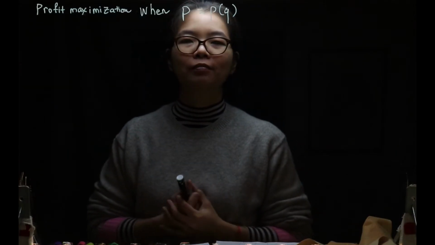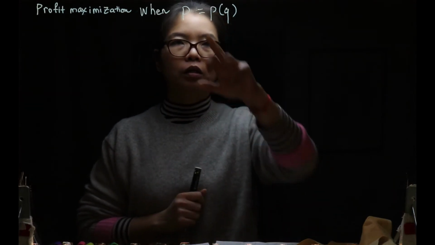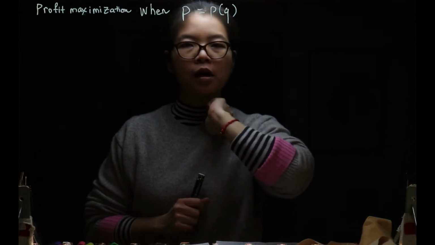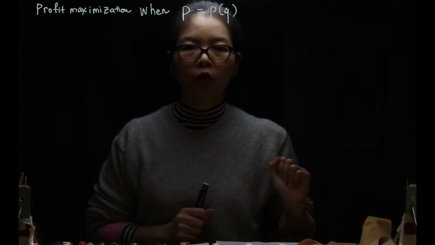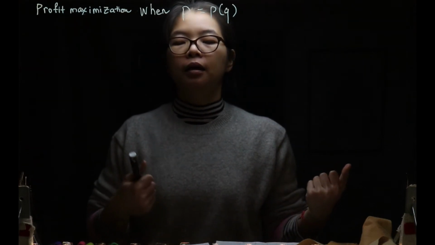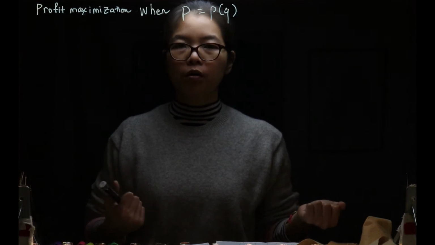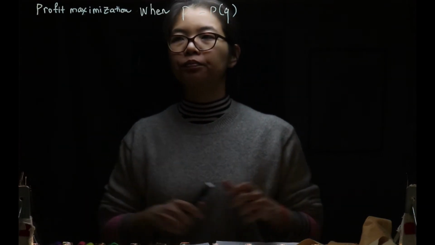Okay, now we move on to the second scenario, where market price depends on the output quantity or the selling quantity of the firm. So this firm has, let's say, enough market share or market power to manipulate the market price in a way.